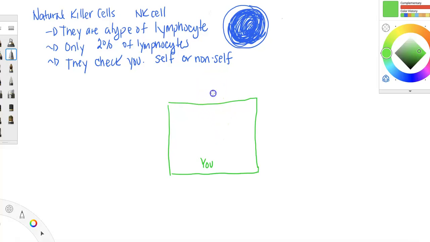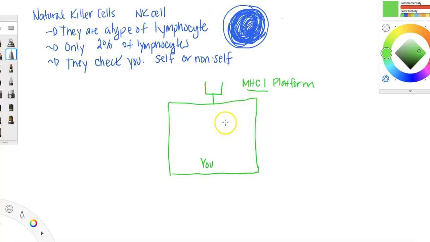So basically, we have certain types of little presenters, like little platforms that the cell can break down something and then put a piece of it in this platform and display it on its plasma membrane. We'll make it look like that. And it's called an MHC1 platform. It's not really a platform, but MHC1 is what's important here. And the cells use this thing to, again, display stuff that they come in contact with.